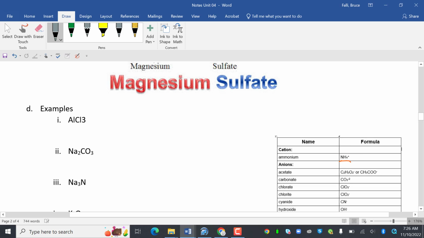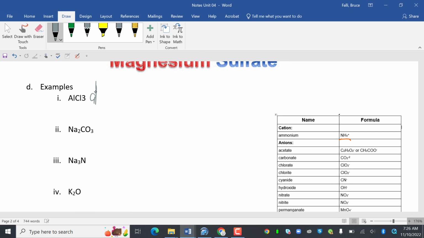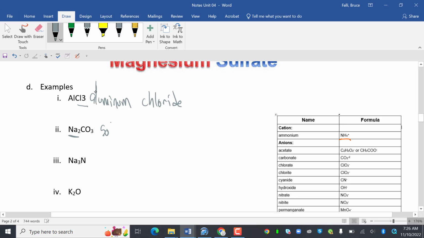All right, let's do some more examples. Al, aluminum, okay, and then Cl, there's no oxygen, so it's chloride, okay. Na is sodium. Oh, I got oxygens here, so I got to look at it. Eventually you'll have these memorized, but we need this part.